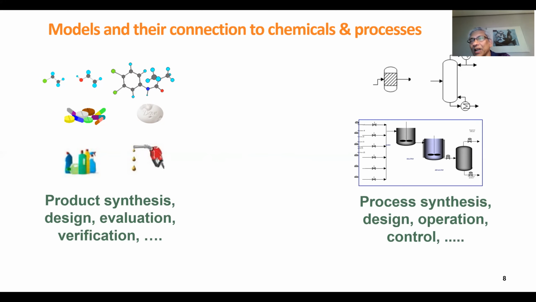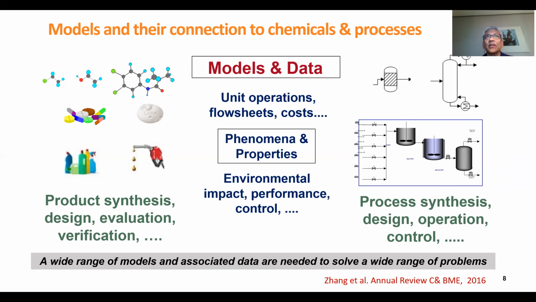So the chemicals behave in a certain manner in the process. Also, the application of a chemicals-based product, like a solvent or a refrigerant, will be used in a process. So in order to understand the system, we need to understand the model and the behavior of the chemicals within the process or the product.